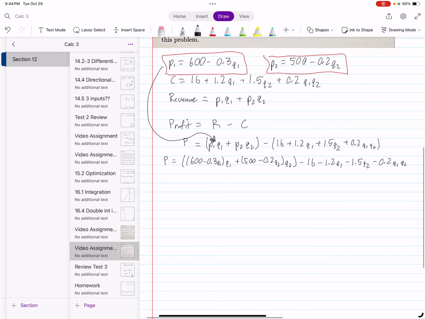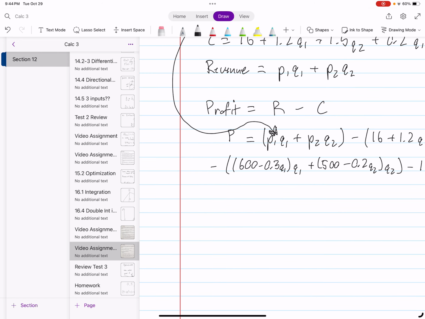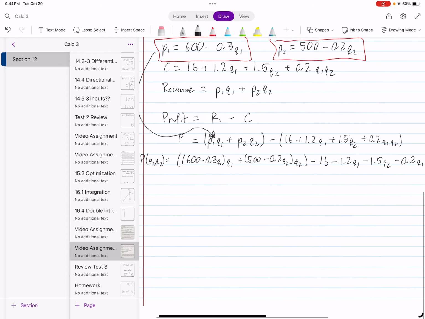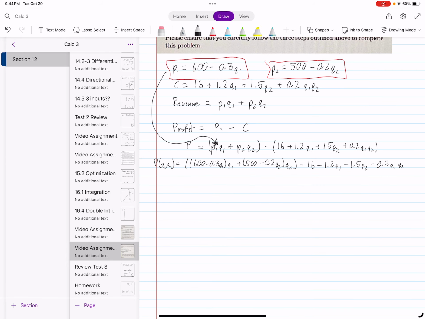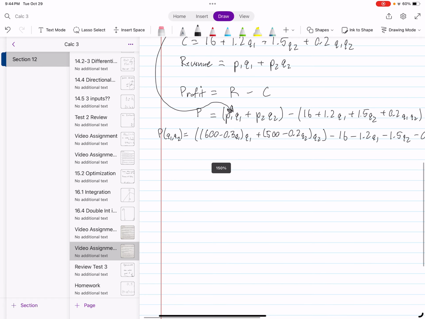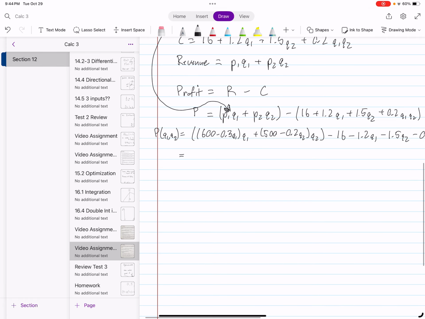Okay, now we've got P, a function of Q1 and Q2, equals this whole equation. We'll go ahead and simplify this equation. I will skip a few steps just to take up less time.